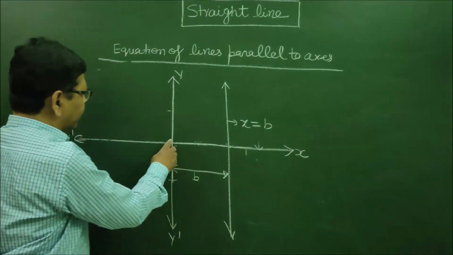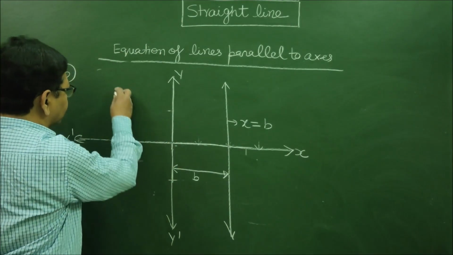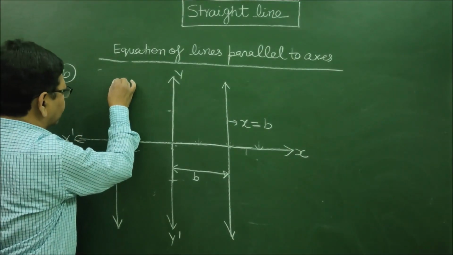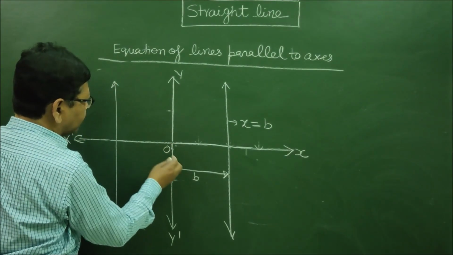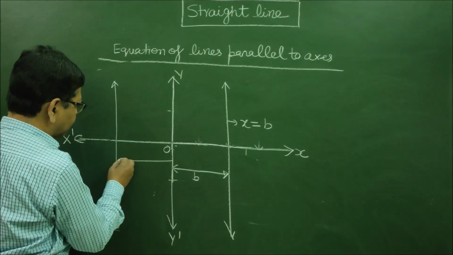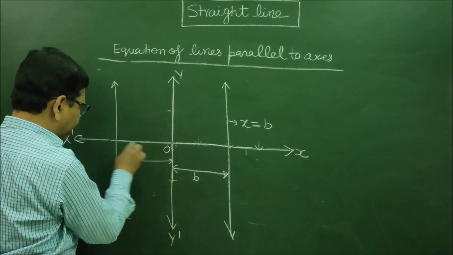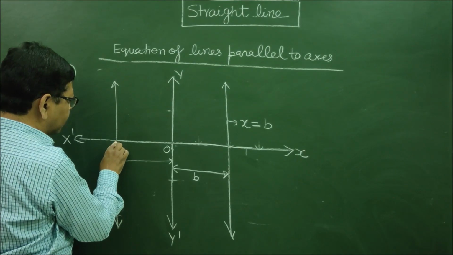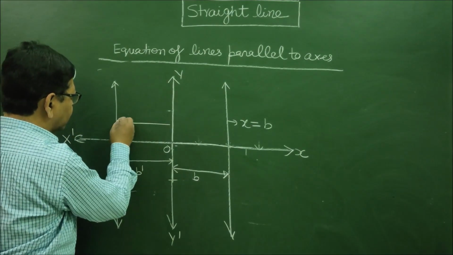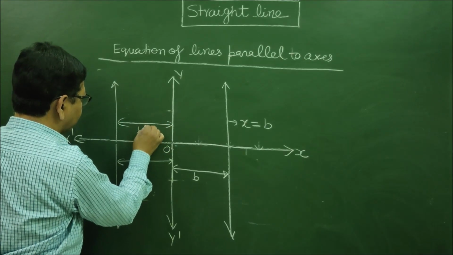Now if the line is parallel to y-axis on the negative side, and the distance from the y-axis is b dash, on the x-axis it is at a distance of b dash, always this distance is b dash.